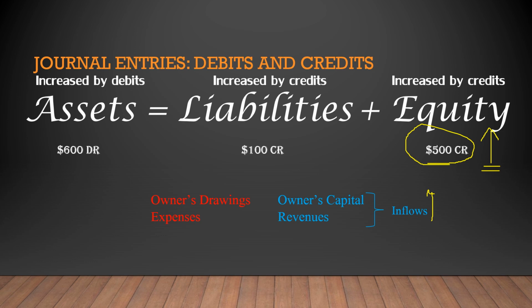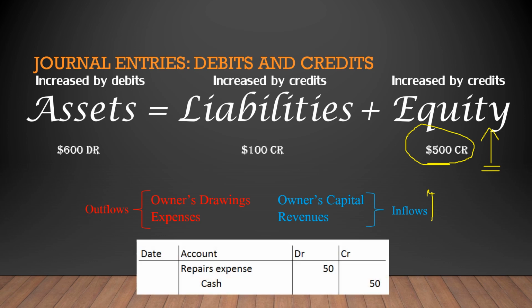However, also recall that owner's drawings and expenses are outflows of assets. Consequently, we're going to increase these accounts with debits. That way, when we increase either an expense or owner's drawings, the debit will decrease equity. As an example, let's say we pay $50 to repair a laptop.